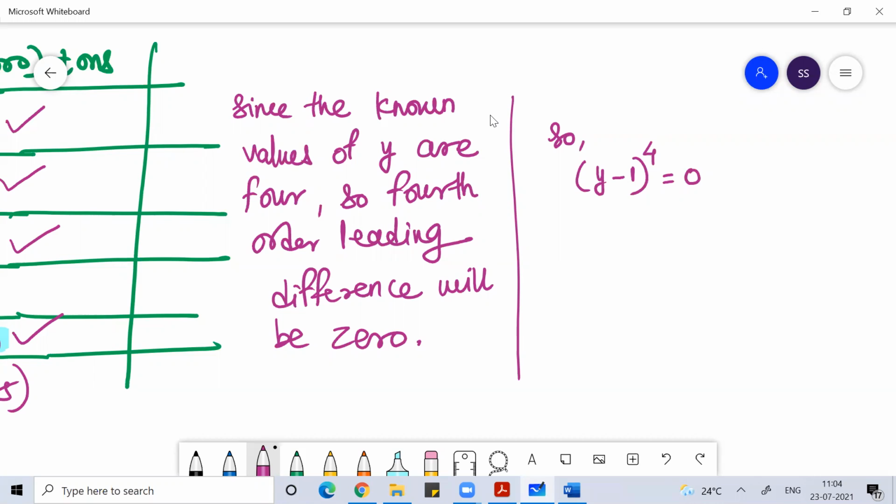Clear, everyone? Now, what is (y minus 1) to the power 4? That will be y4 minus 4y3 plus 6y2 minus 4y1 plus y naught equal to 0.